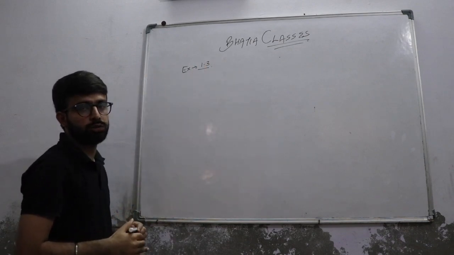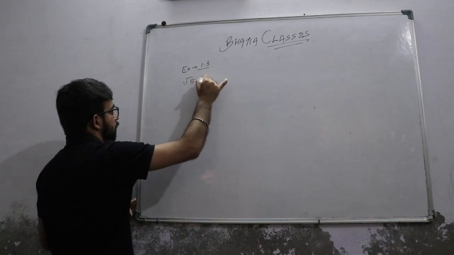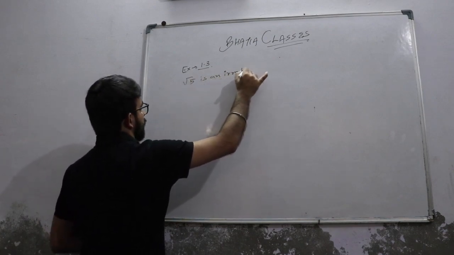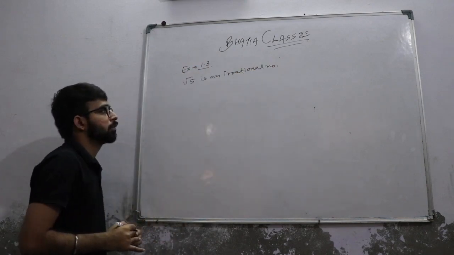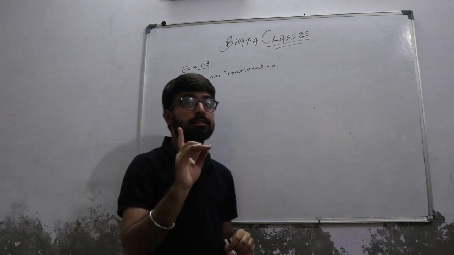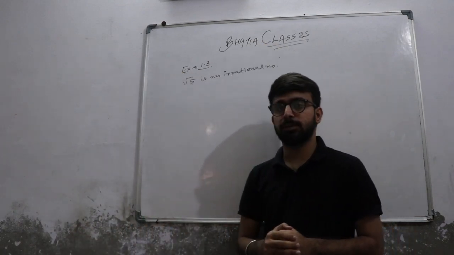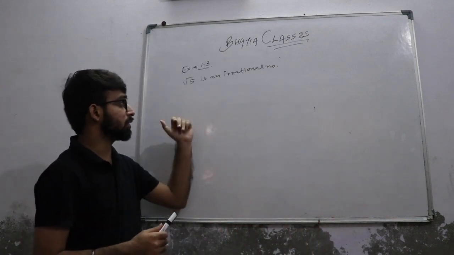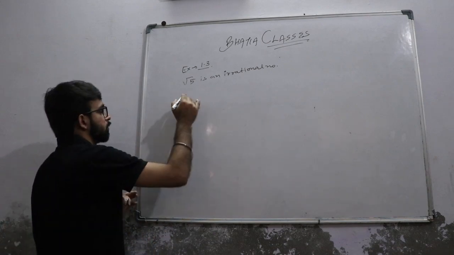As I have told you that root 5 is an irrational number, in exercise 1.1. In this exercise, I will explain how root 5 is an irrational number. This is a boring sum, so please concentrate.